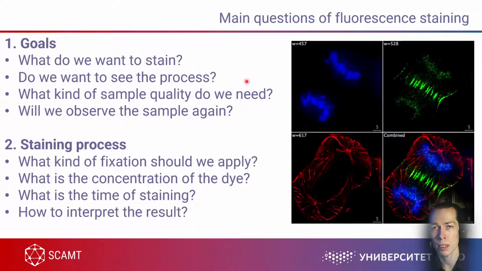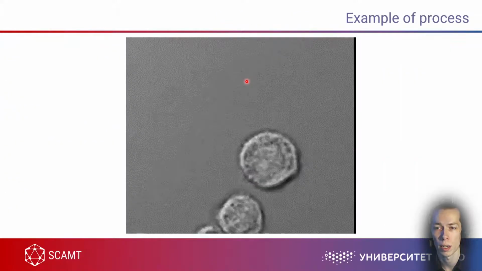But sometimes it is important and necessary to observe a process, and the current state of technology allows us to stain, for example, phagocytosis, pinocytosis, and so on. This is an example of phagocytosis, sadly without staining, but still an impressive example. And we can observe this with our microscopes.